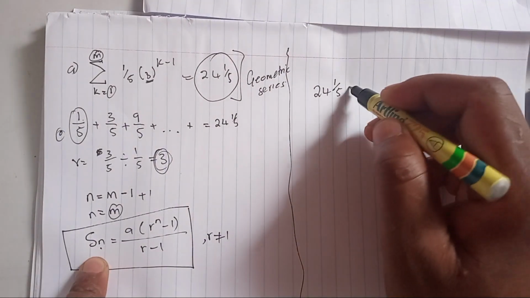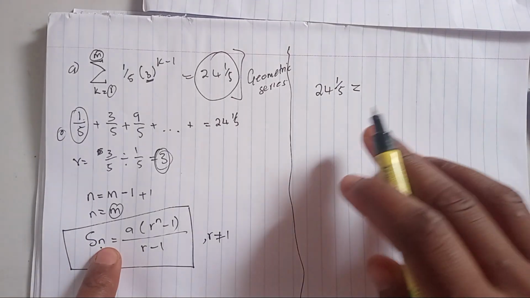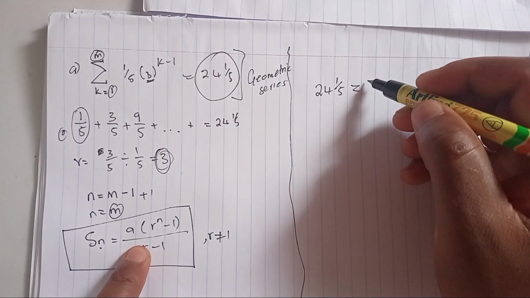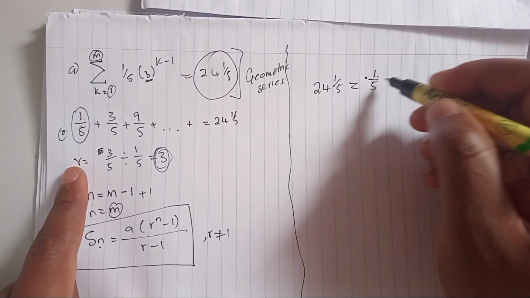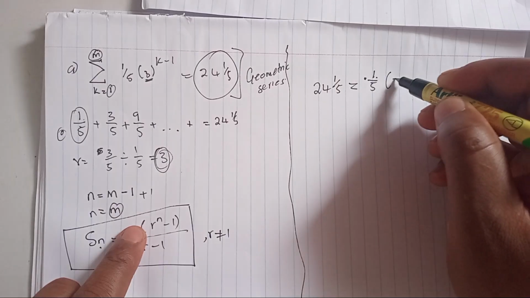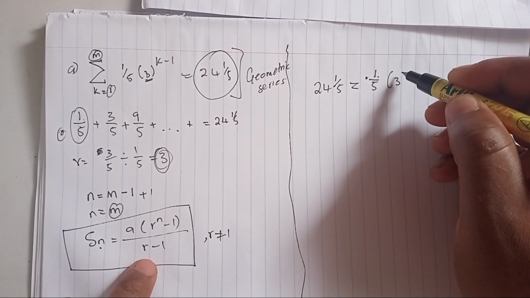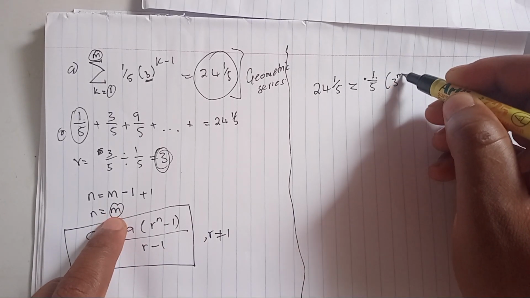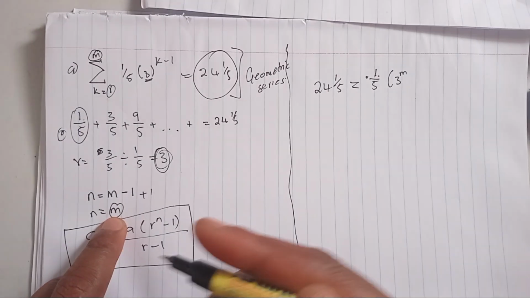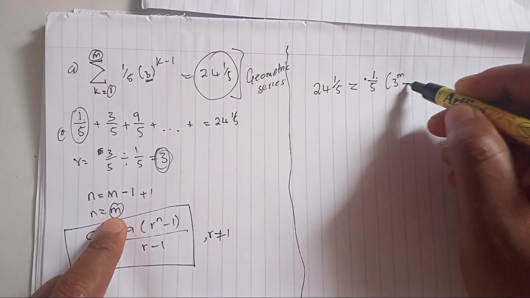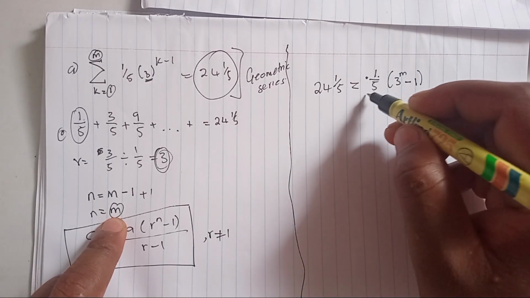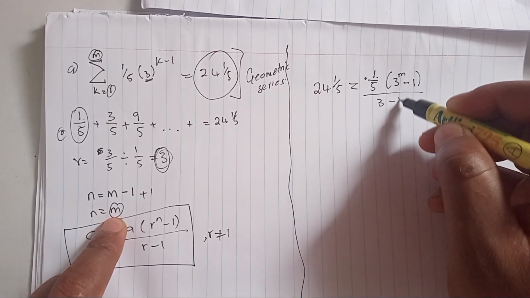Sn is equivalent to: what is the value of a? The value of a is 1 over 5, into what is r? 3. What is n? n is equivalent to m. Guys, they said we must find the value of m. So we say 3 exponent m minus 1, divided by 3 minus 1.